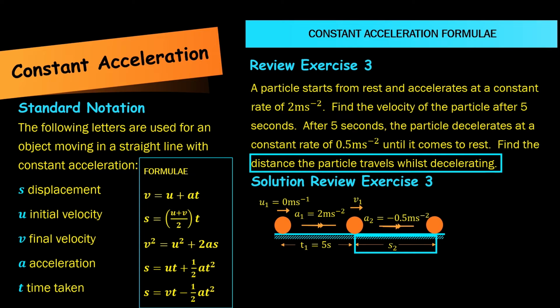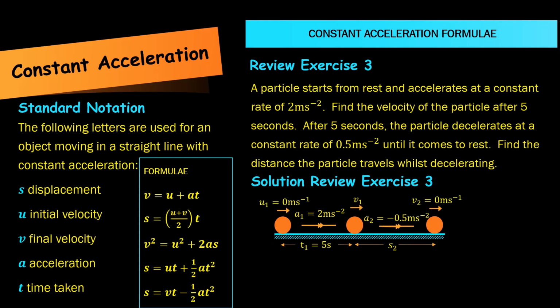The distance it travels, s2, is what we're looking to find. And of course v2 is equal to 0 meters per second because it comes to rest at this point.